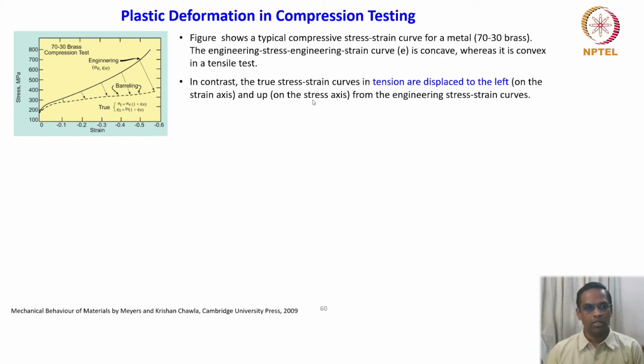So the material response in terms of stress and strain data, generally you can call it the flow curve, flow response, flow properties. That's why in some of the slides we have seen the effect of strain rate and temperature on flow properties, right? So we can see that it's a flow curve again in a compression load.